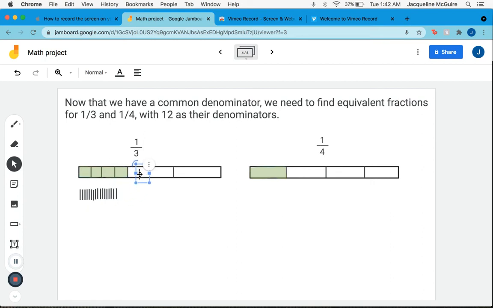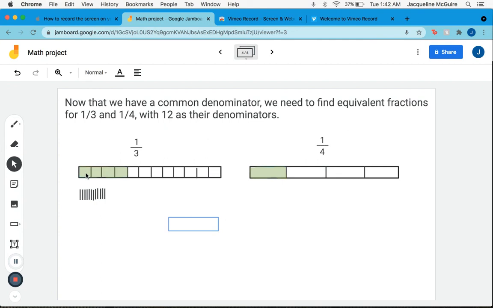Let's start with another one. 1, 2, 3, and 4. And then 1, 2, 3, and 4. Now, as you can see, this strip diagram is in 12 sections.